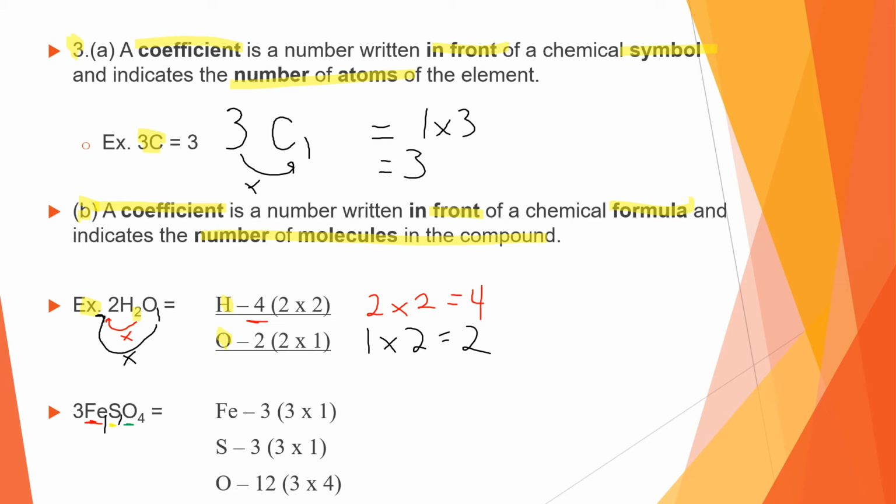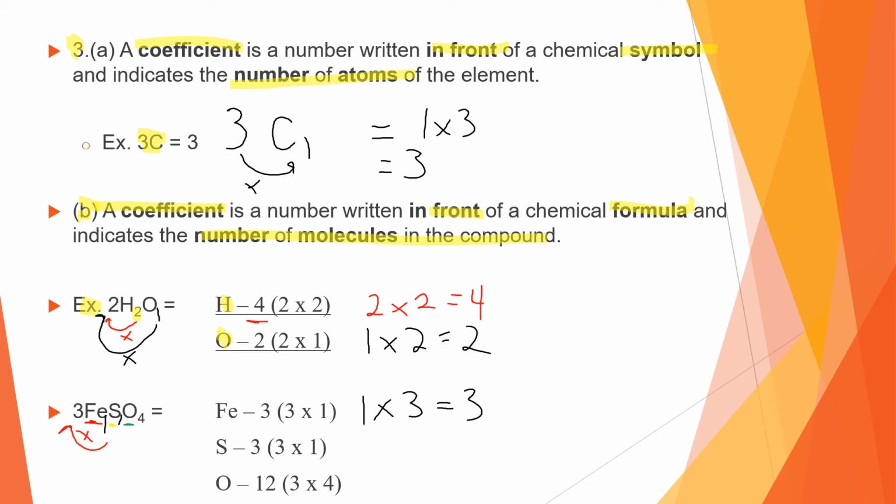Beside the S is also like an imaginary 1, and then beside the O we see that subscript of 4. So when counting atoms for iron, we start out with 1, because that's the subscript beside iron, and then we have to multiply that 1 by the coefficient. So we're going to do 1 times 3 for 3 atoms.